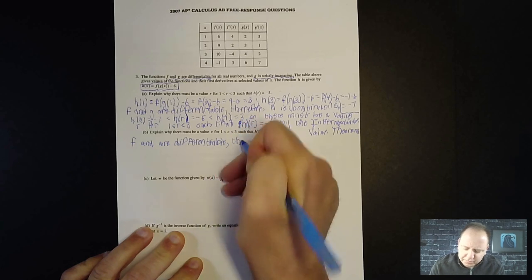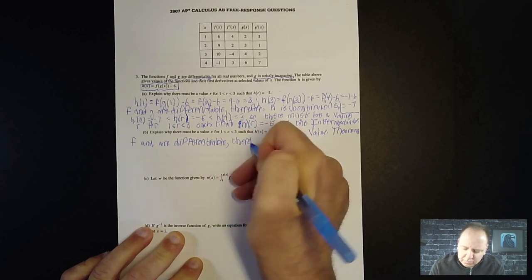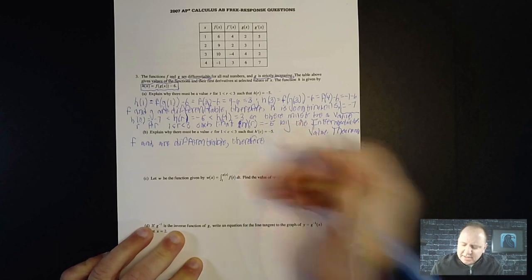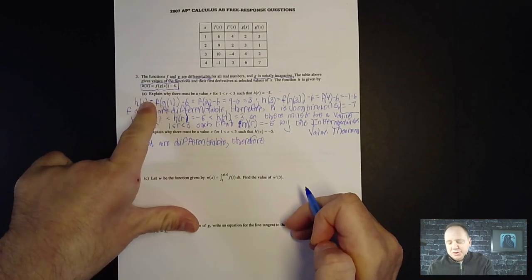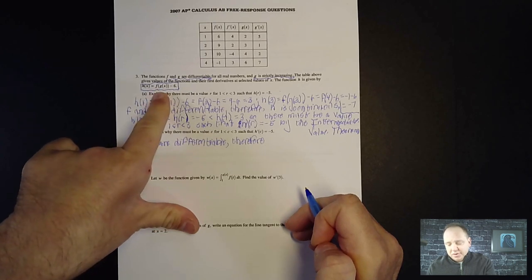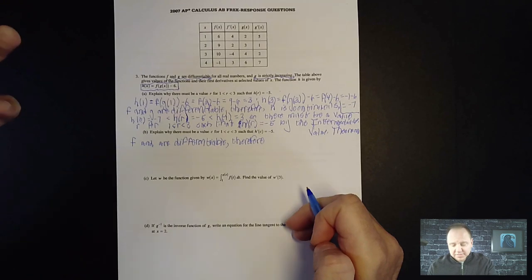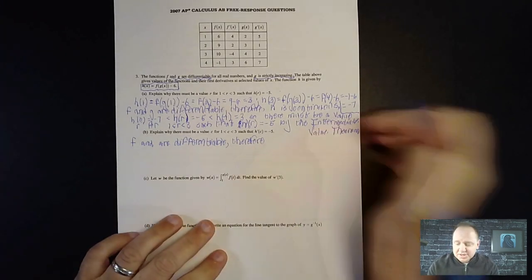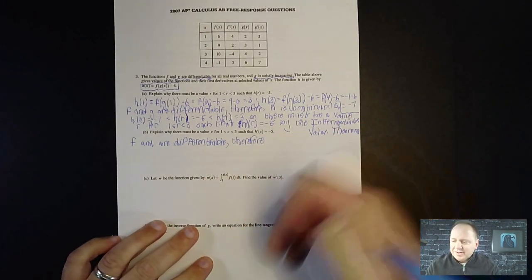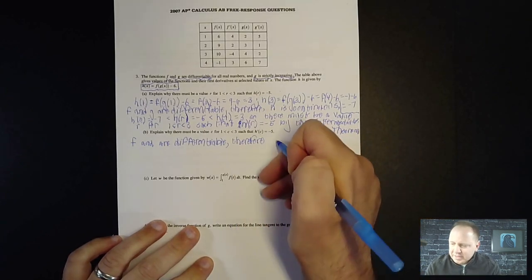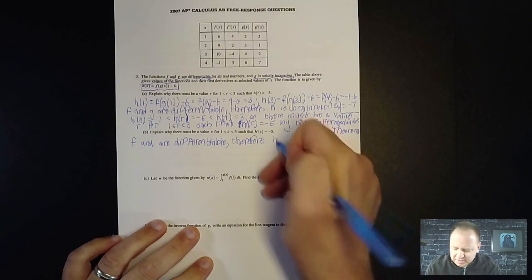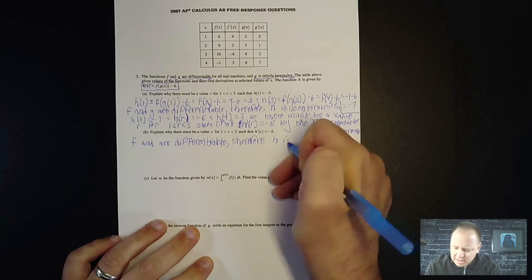Therefore, and it goes back to the theorem stating that two differentiable or two continuous functions where you take the composition of the two would also be differentiable and continuous. So you don't have to state that. So you'd say, therefore, h is continuous and differentiable.